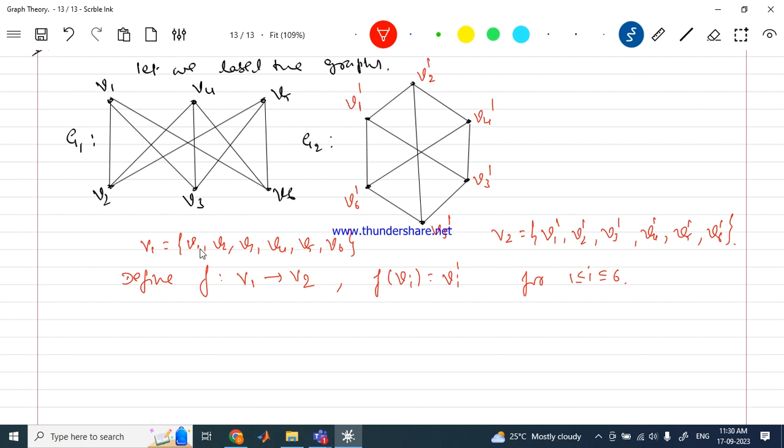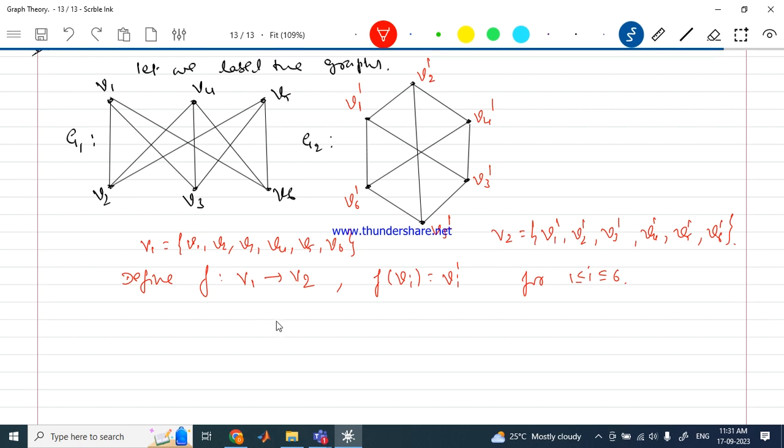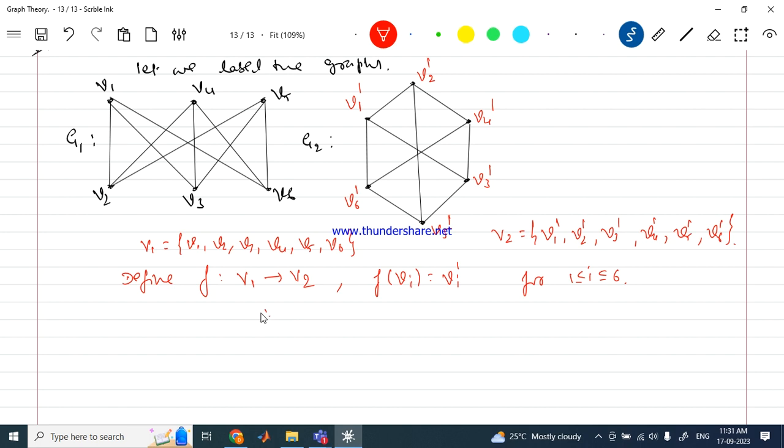So f of v1 is v1 dash, f of v2 is v2 dash, f of v3 is v3 dash, like that. f of v6 becomes what? v6 dash. That's what I've written here, and it represents one-to-one correspondence. That part is done.